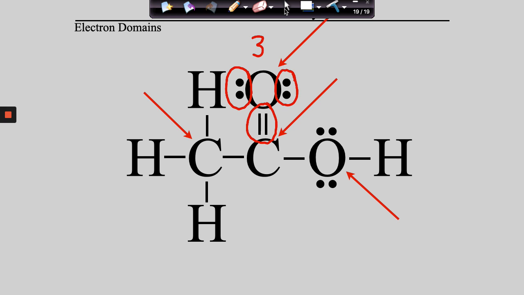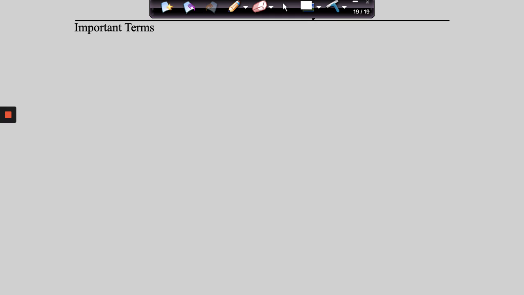Okay, so now that we've taken a minute and talked about how to identify and count electron domains, let's move on and talk about an important idea called VSEPR theory. Not surprisingly, VSEPR is an acronym, so let's just get it on the table. What does VSEPR theory mean?